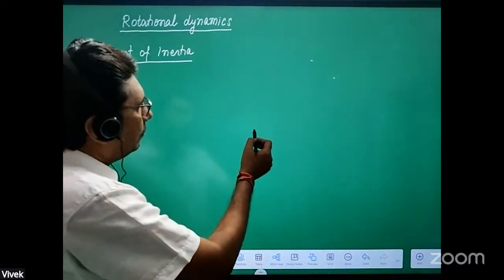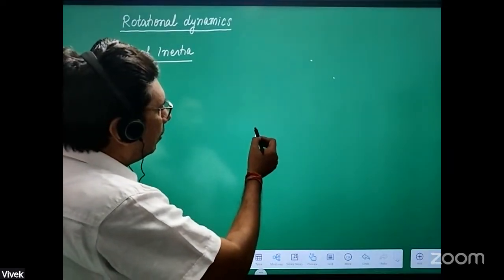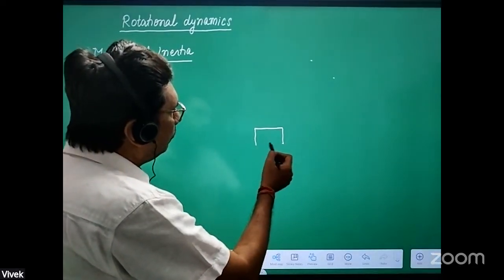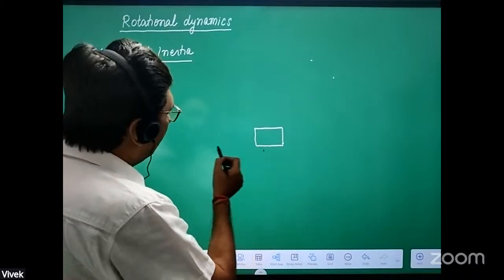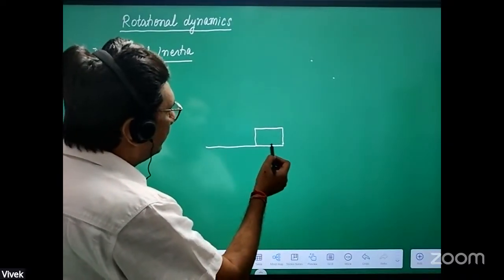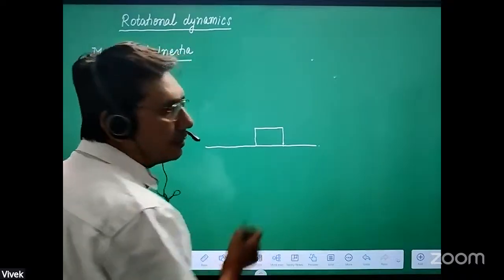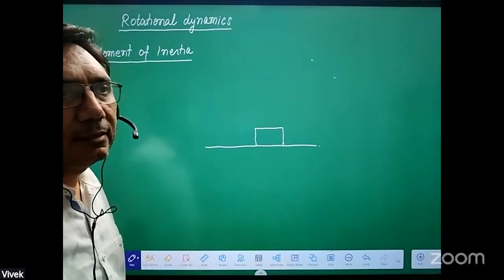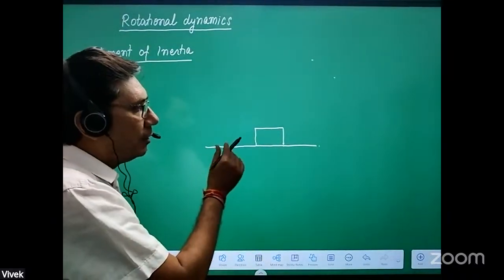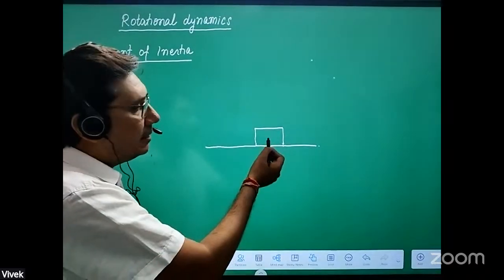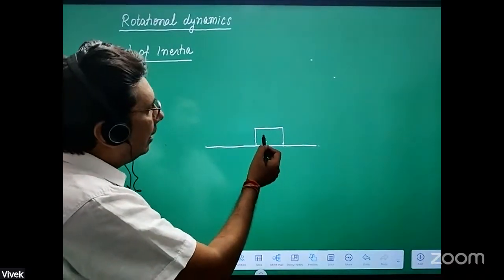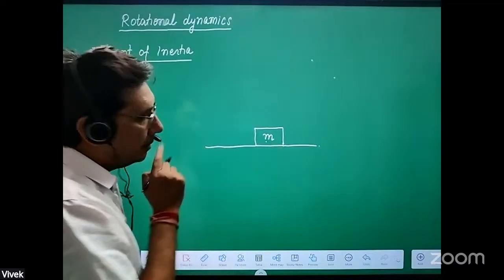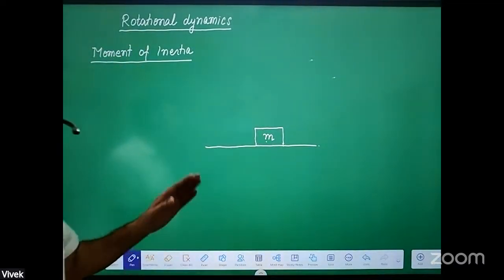Now, if you remember, if you have a block and you place this block on a surface, suppose it is at rest. This is mass M, and you want to change its state from rest to motion.